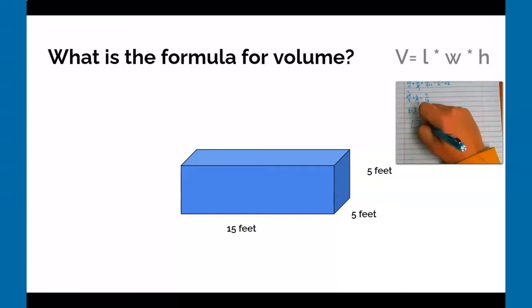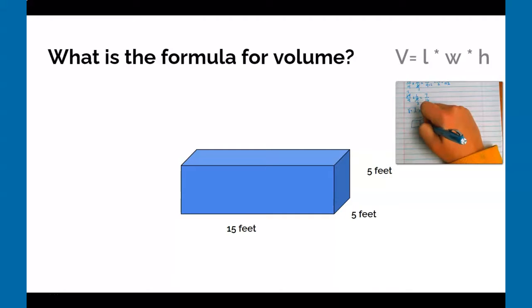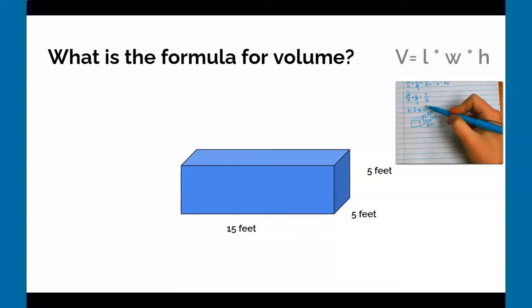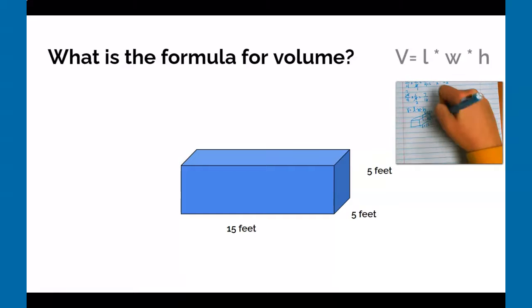I didn't even draw this one going the same way as the one on the screen, but we'll use the same dimensions. We've got 15 feet, 5 feet, and 5 feet. If our formula is length times width times height, we can label length, width, and height. To plug in, our volume would be equal to 15 times 5 times 5.